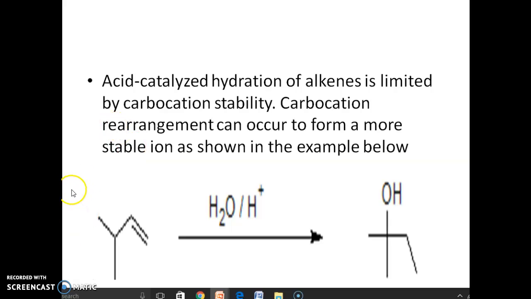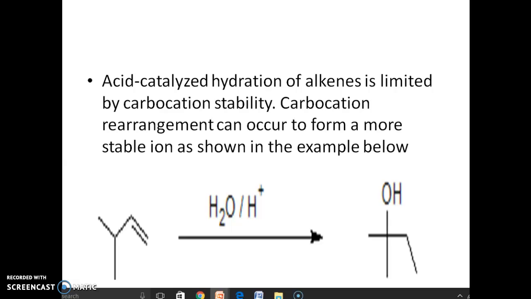This is the acid catalyzed hydration reaction of an alkene, wherein the water molecule is added across the double bond, forming the alcohol, which is the product after the addition of water to alkenes.